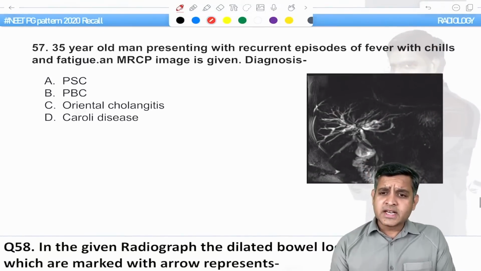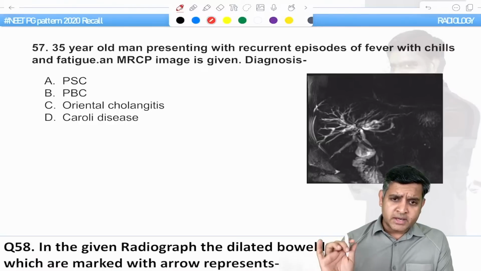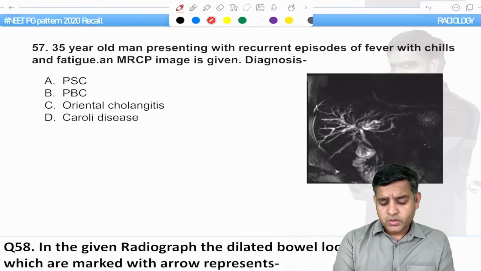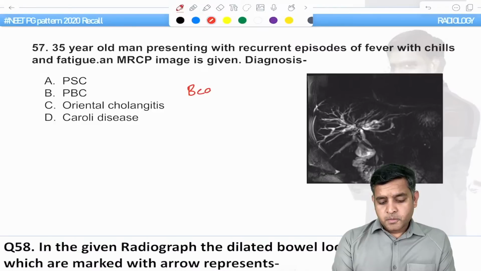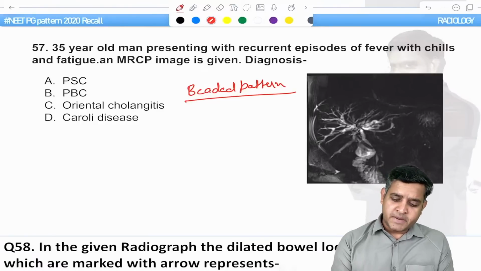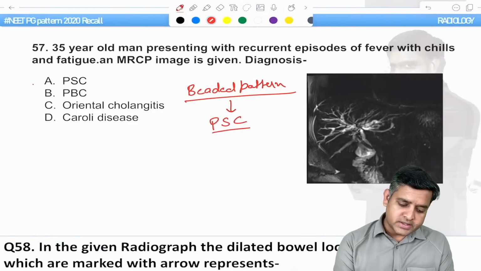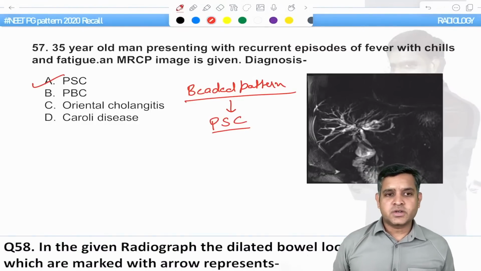These kinds of questions are characteristically image-based questions. When you have a classical image, what is the name of this sign that has been shown to you? Beaded pattern. And this is called beaded pattern, and beaded pattern is a feature of primary sclerosing cholangitis.